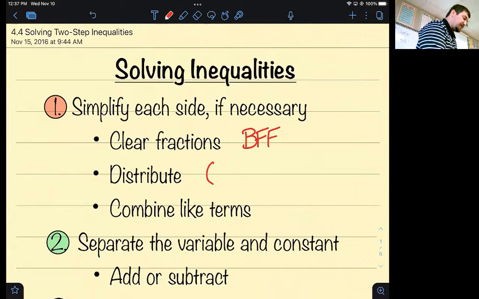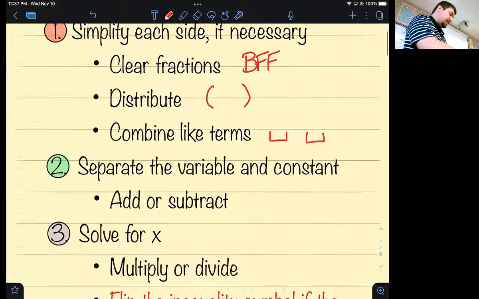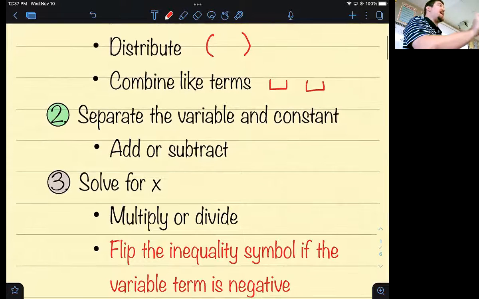If we have parentheses, we're going to have to distribute first. And if we have like terms, we're going to have to combine those first. Those are all things we would do before we do our steps. So this is like the pre-step. Some equations, we have to take that pre-step before we get to the two steps, which is the adding, subtracting first, and then the multiplying, dividing step, and possibly flipping that we'll do afterwards.